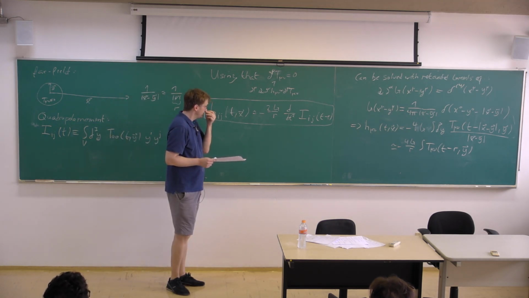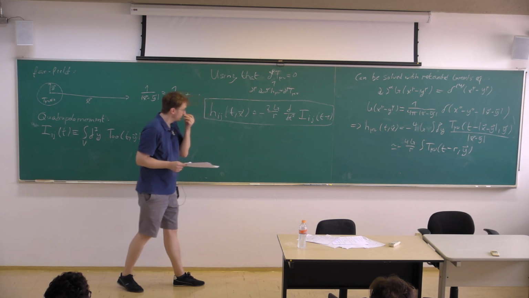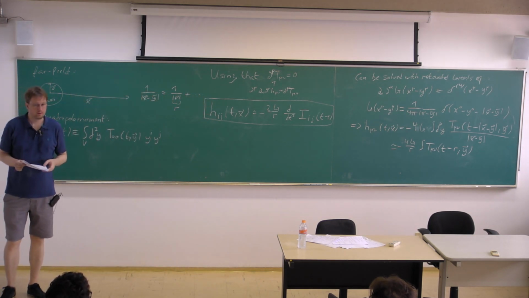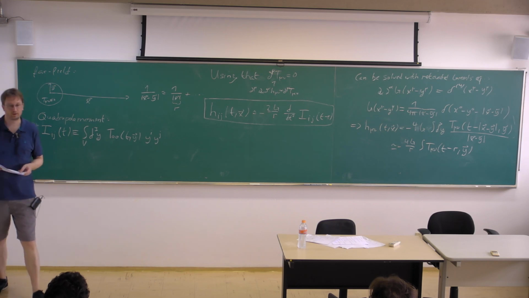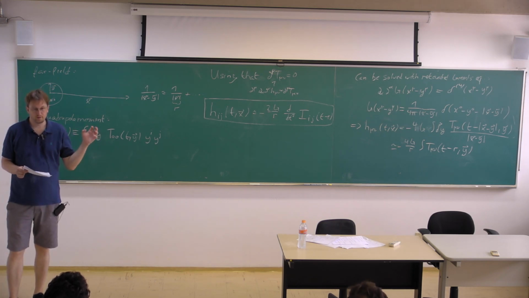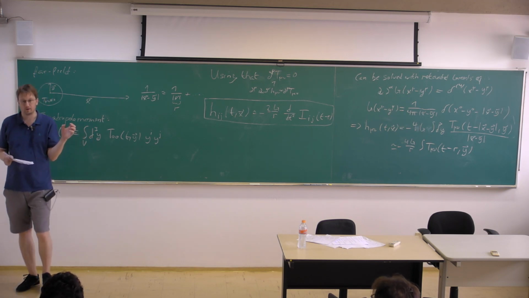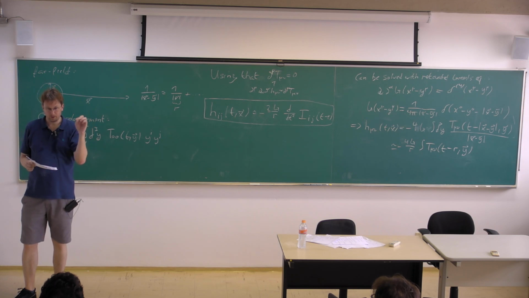So this is a very important formula. This tells us that what sources gravitational waves is a time-dependent quadrupole moment. If you remember in electrodynamics, a time-dependent dipole moment is already enough to source electromagnetic radiation.